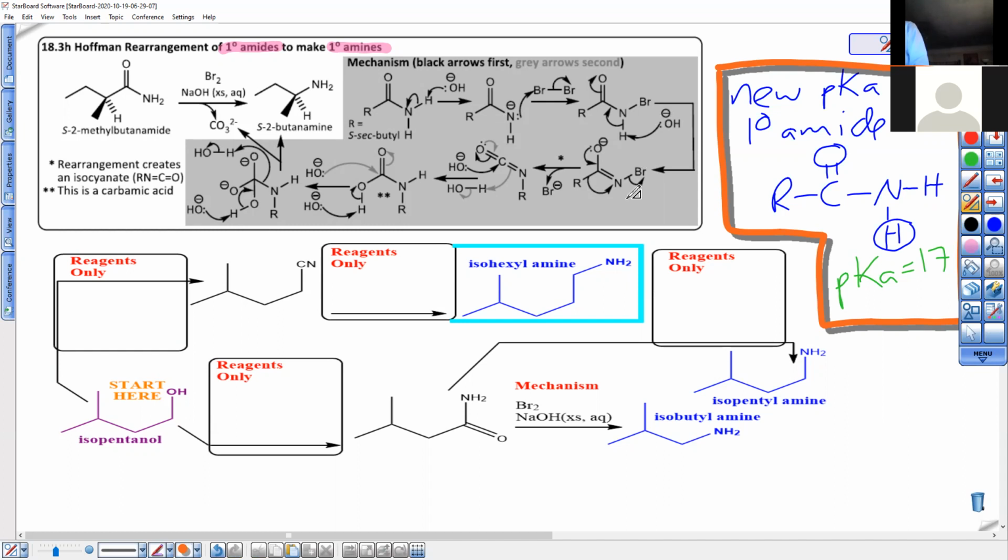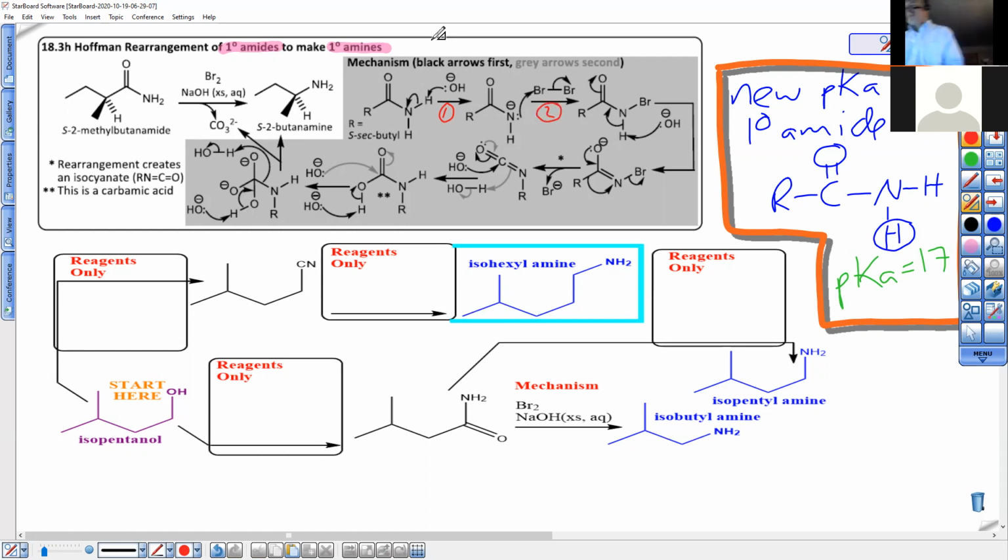So pay careful attention to these steps, because we're going to do our own version of this reaction on the next page. As you see underneath, there's a mechanism required with the Hofmann rearrangement here and a lot of review stuff for some important comparison reactions.